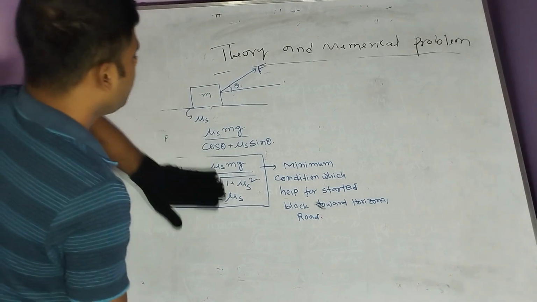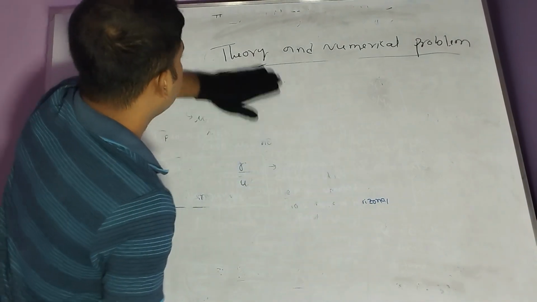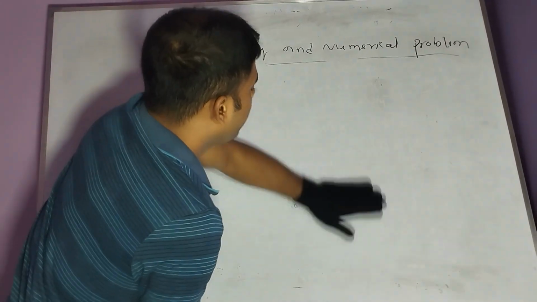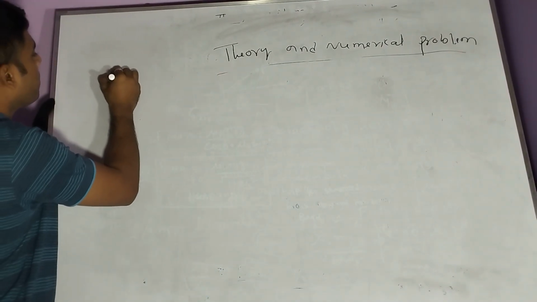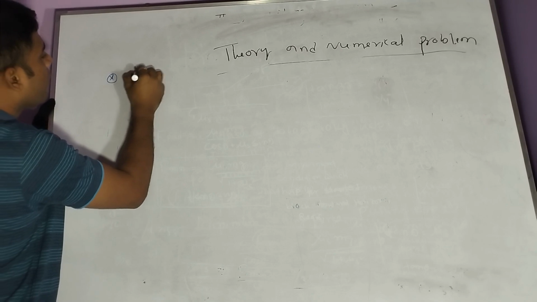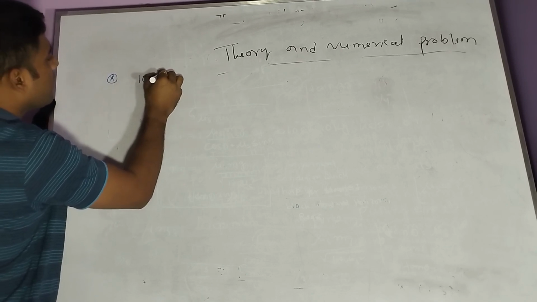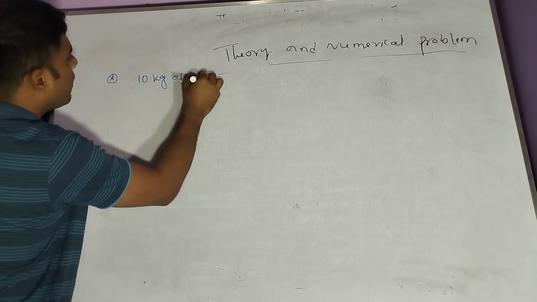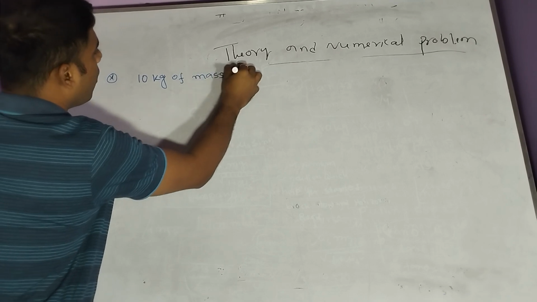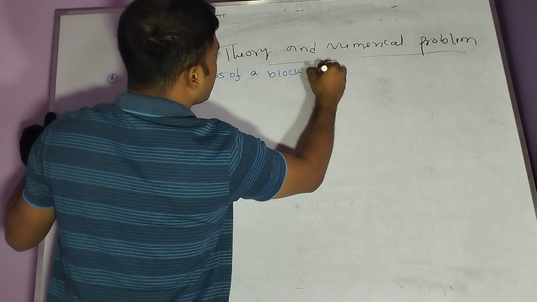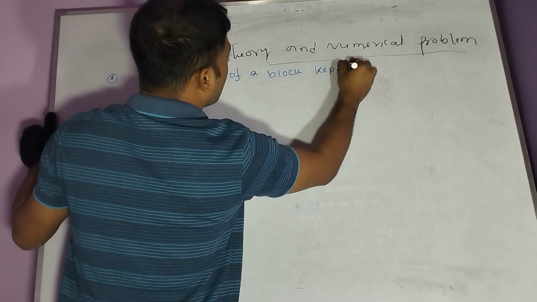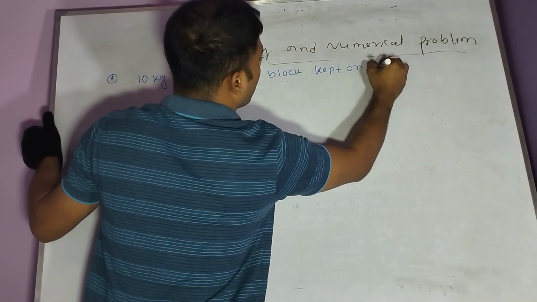Then the question is given below. A block of mass ten kg is kept on horizontal ground.